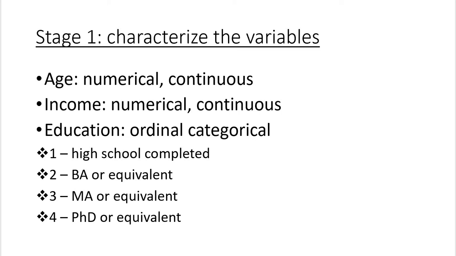But again, you cannot make any reasonable conclusion regarding the difference in the value of this variable. So it does not imply that when it comes to the scope of knowledge and competence, the difference between high school and BA is the same as between MA and PhD. So this is exactly what we mean when we say ordinal variable.